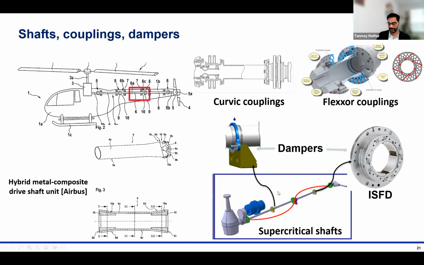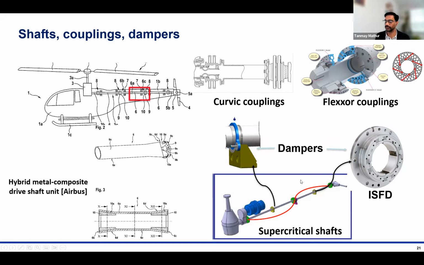Another area of interest is driving the composite shafts at high supercritical speeds, meaning beyond their first critical or second critical speeds. And the enabling technologies here are the dampers.